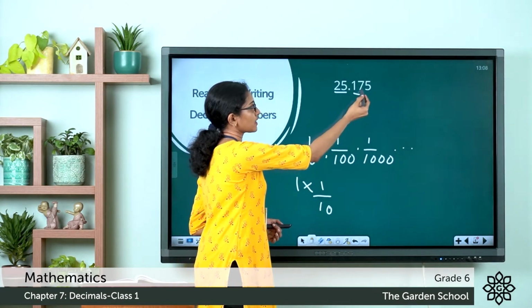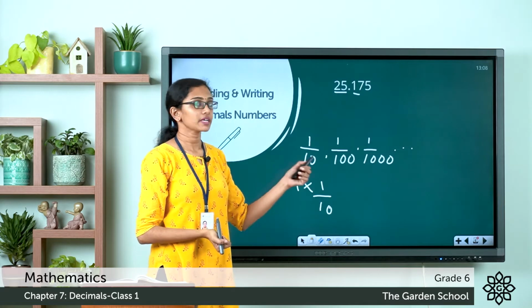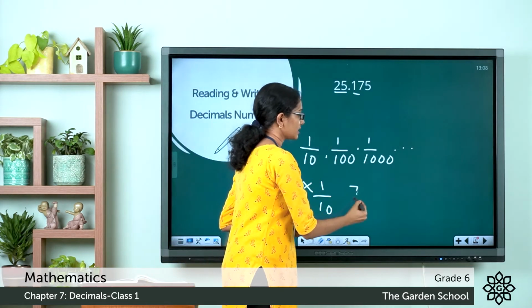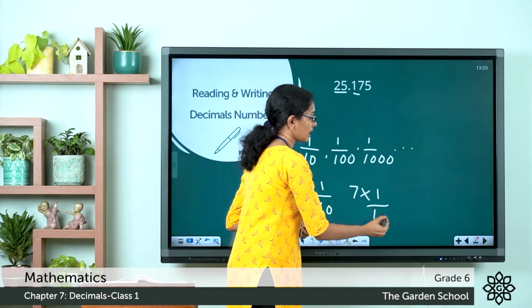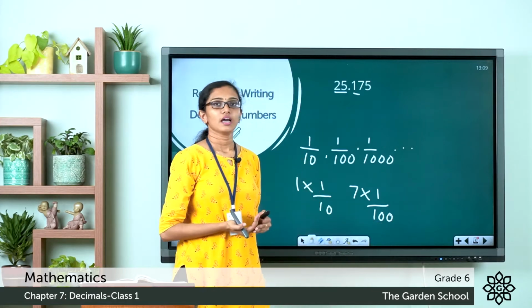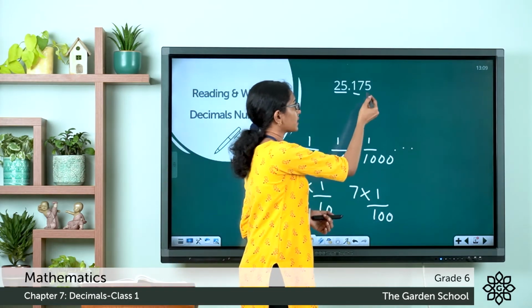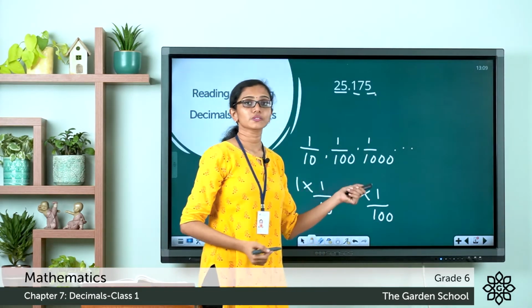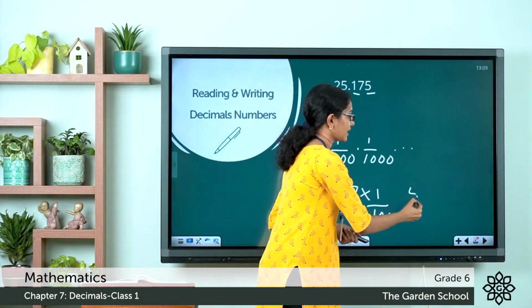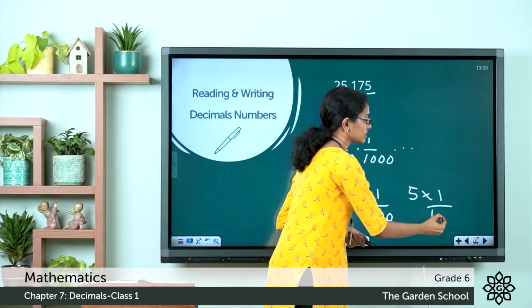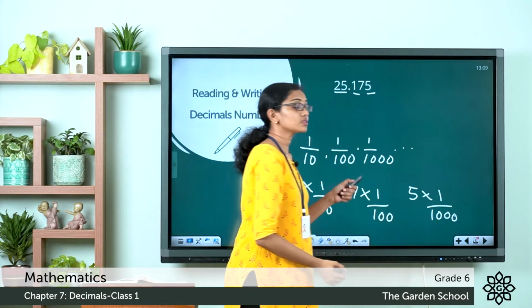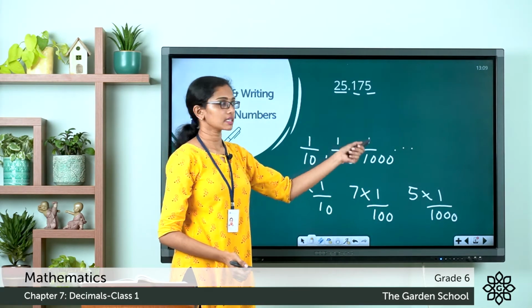Now, what about the place value of this 7? The place value of this 7 here is 7 times 1/100. And what about the place value of this 5? The place value of this 5 here is 5 times 1/1000. So this is about the place value of the digits in this number.